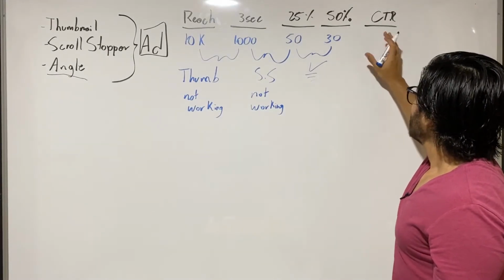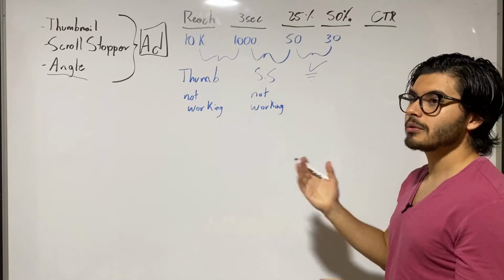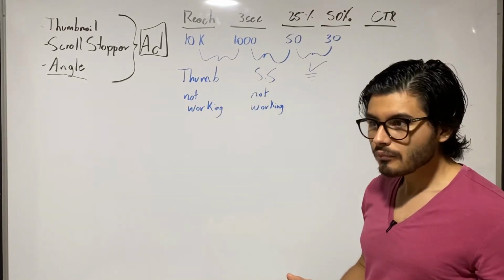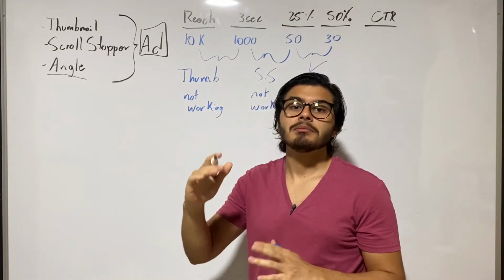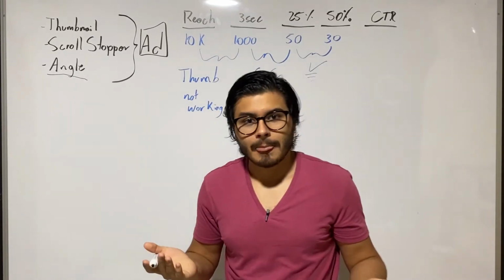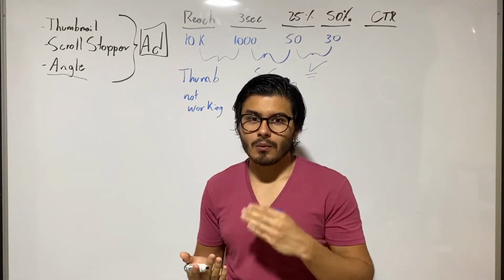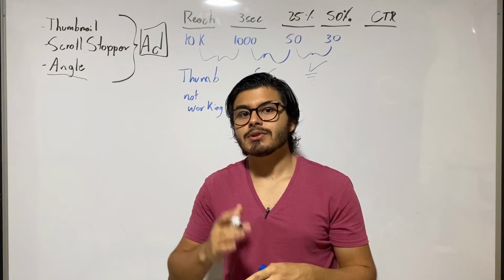The CTR is going to be a percentage of how good our video is. At least for me, if a video is above 3%, it's good, it's great. If it is below 1%, you need to change it.